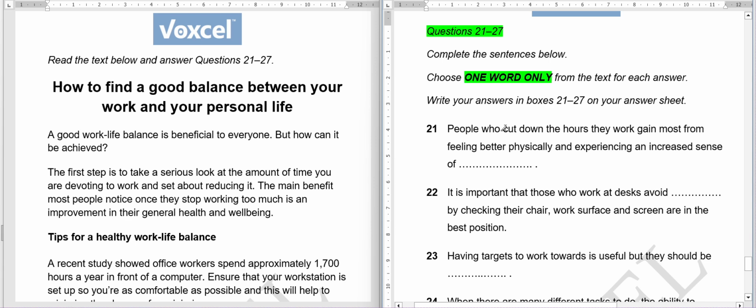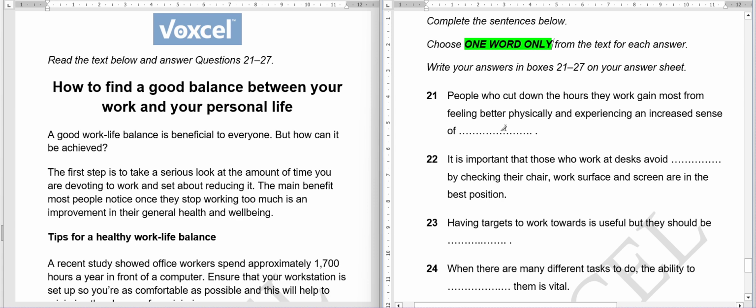Now we'll read the first question and see what kind of information we are looking for. People who cut down the hours they work gain most from feeling better physically and experiencing an increased sense of something. So we are looking for the people who cut down the hours they work. What does this mean, cut down the hours? To cut down on something basically means reduce.